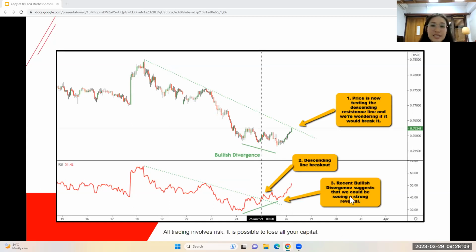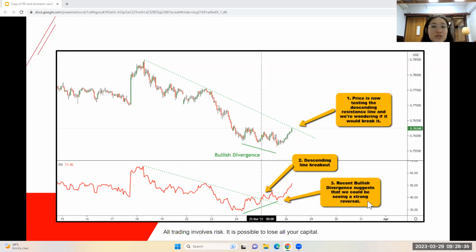So this is a couple days later. From this point, you see a bullish divergence. Price on our price chart is making a lower low, whereas on our RSI, it is making a higher low. So first point, price is now testing the descending resistance line and we're wondering if it will break it. Point 2, descending line breakout. As I mentioned earlier, on our RSI chart, price recently broke out of the descending line.